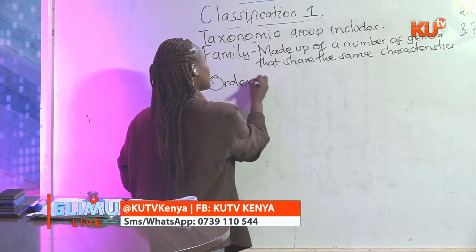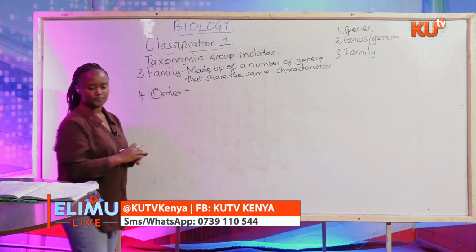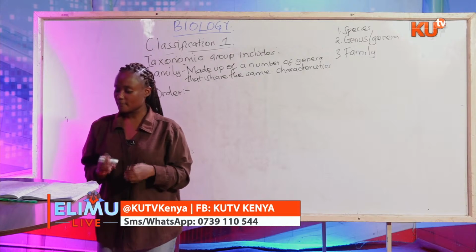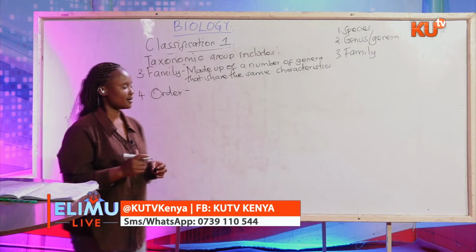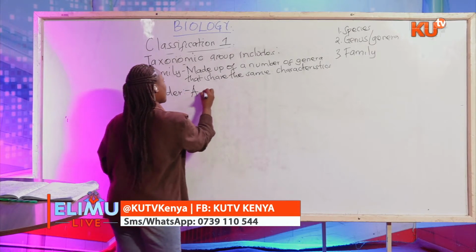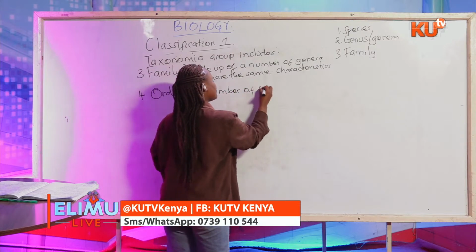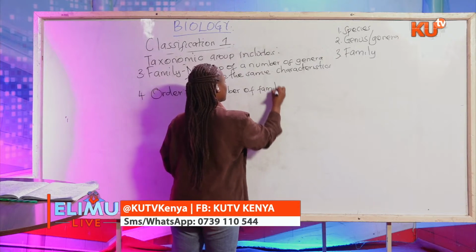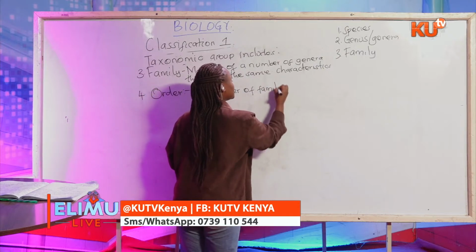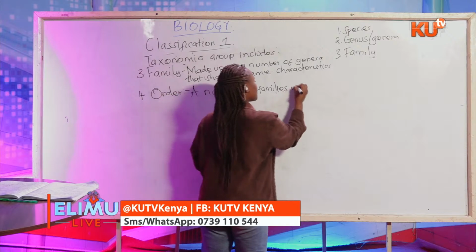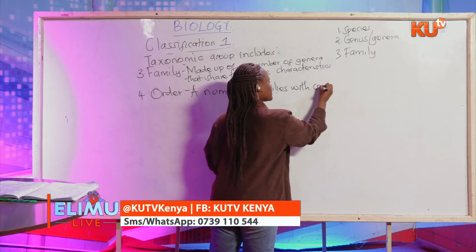Order. After family, we have order. A number of families with common characteristics.